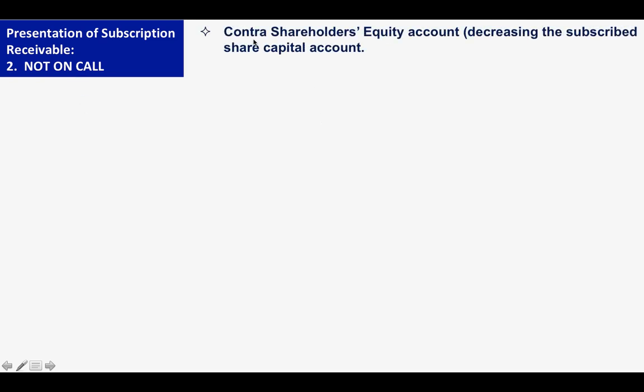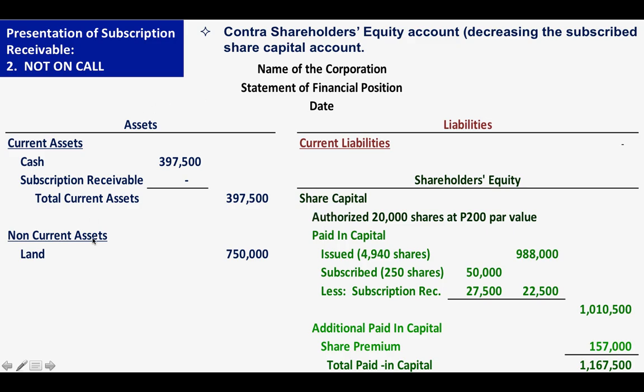What if it is not on call? Okay, if it is not on call, then it will be presented as a contra shareholders' equity account, meaning decreasing the subscribed share capital account. Okay, class. So here, in the statement of financial position, it will not be presented as a current asset if it is not on call.